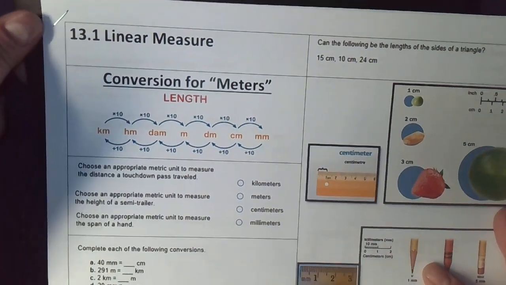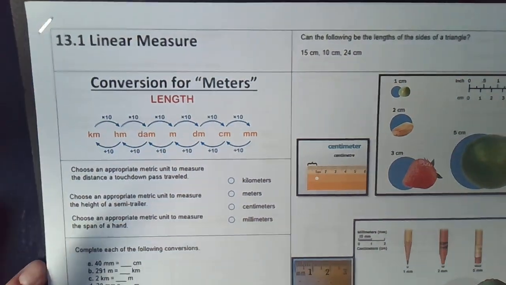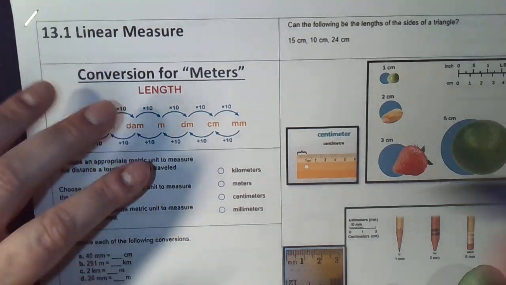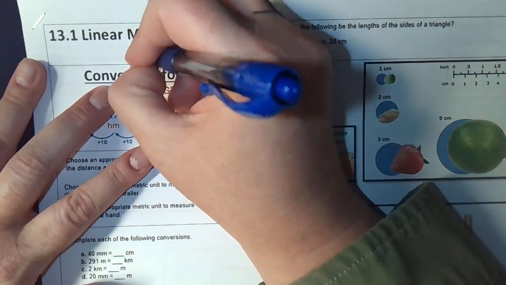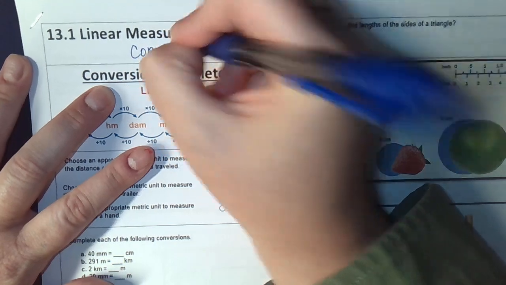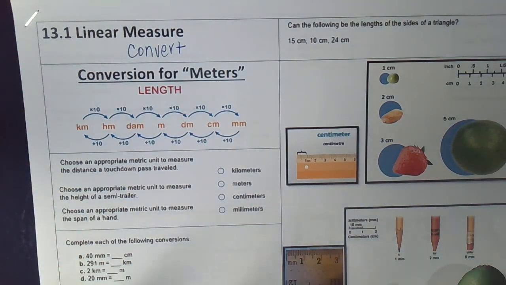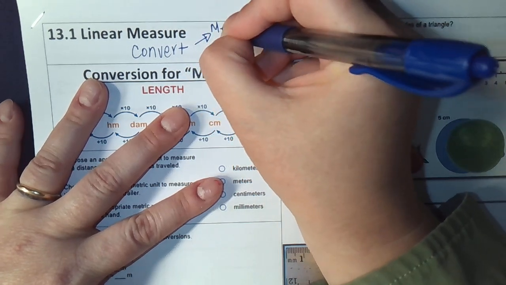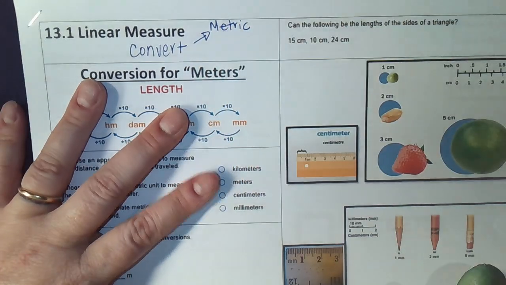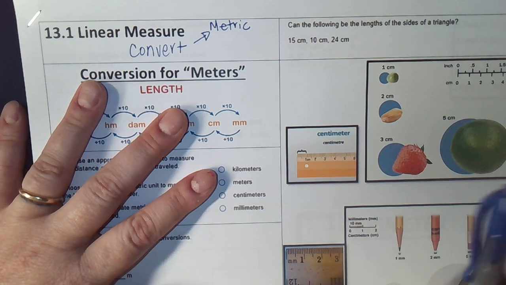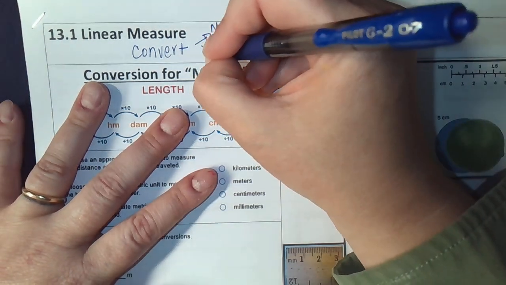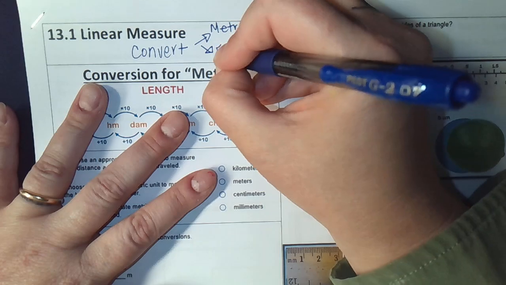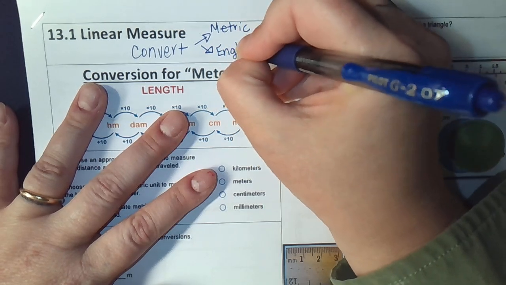We're on 3.1, which is about linear measure, and that's just a fancy word for converting. We're converting between the metric system, which is what everybody else in the world uses, and the English system, which is what we use in the United States.